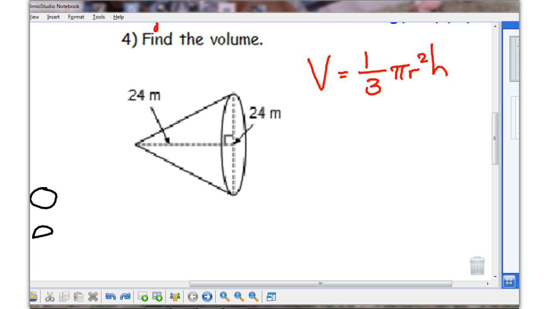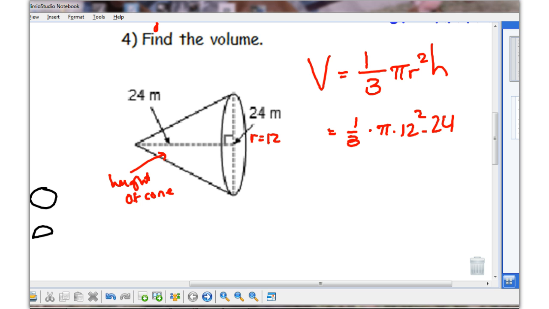Here our arrow is pointing to 24, and that's the whole diameter. So the radius is going to be half of that, 12. And this 24 is going to be the height of your cone. So we're going to do 1/3 times pi times 12 squared times the height of 24.